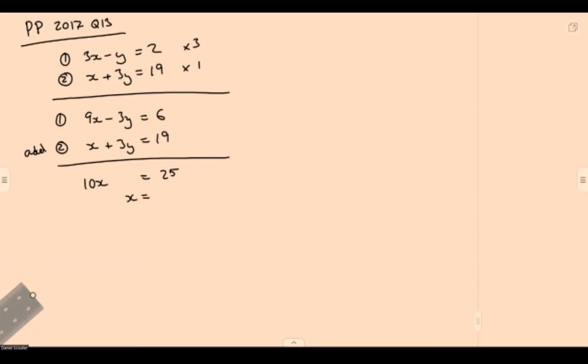Now the difficult part is here, 25 over 10 is going to give you a decimal. Don't be put off with that when we're substituting that back in. When we're dividing by 10, we're just moving the decimal point, so it becomes 2.5.